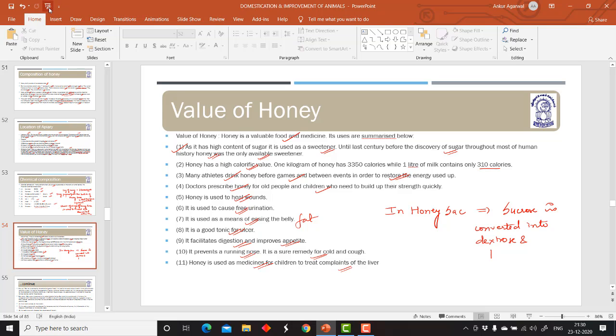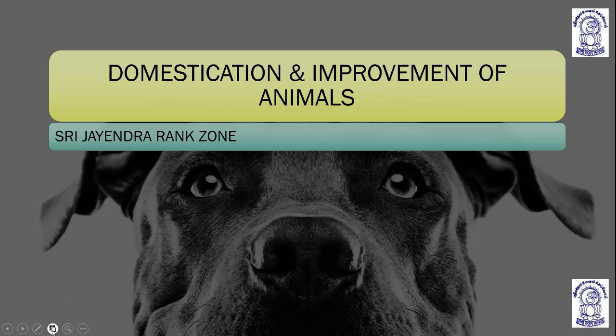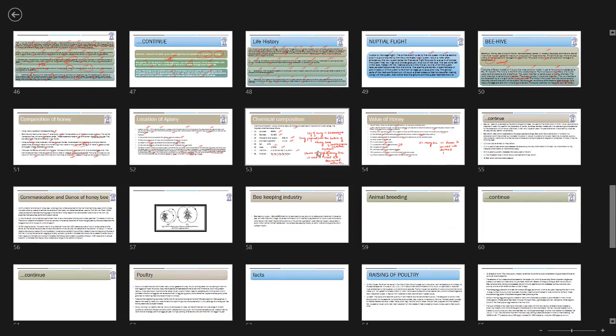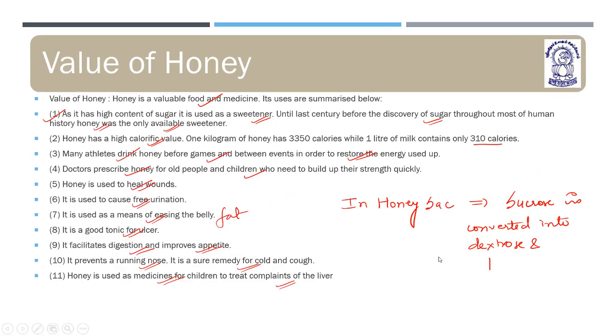So sucrose is converted into dextrose and levulose by the action of invertase enzyme.